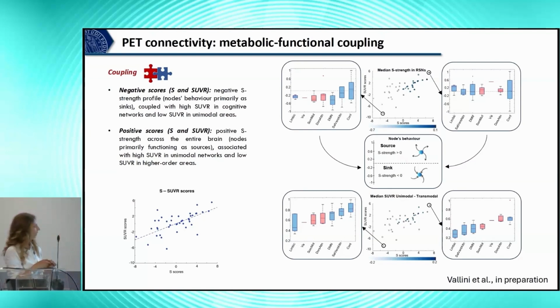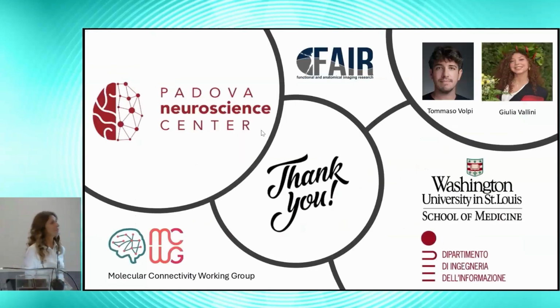Of course, the brain consumes a lot of glucose, but in any case there are brain network organizations linked to a lower consumption, so they will be more efficient in comparison to others. So that was the last within 5 minutes, and thank you for your attention, and I finish.